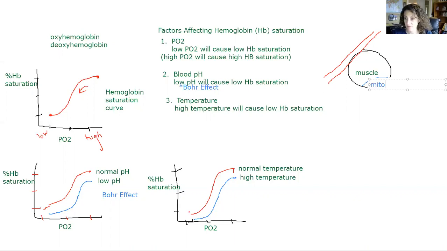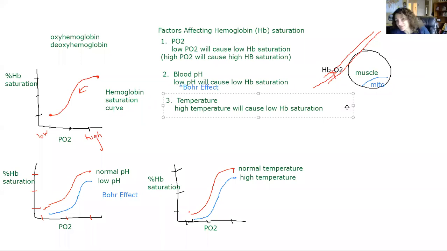This is the mitochondria. Okay, so the blood is moving in this direction. Okay, we have the hemoglobin here bound to the oxygen. Okay, it's coming from the lungs. So you have saturated hemoglobin coming from the lungs.